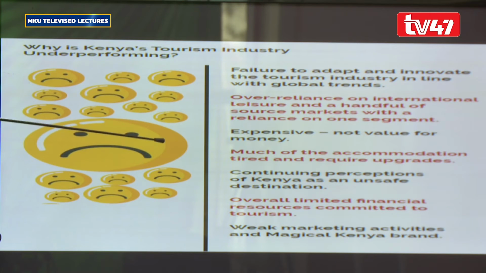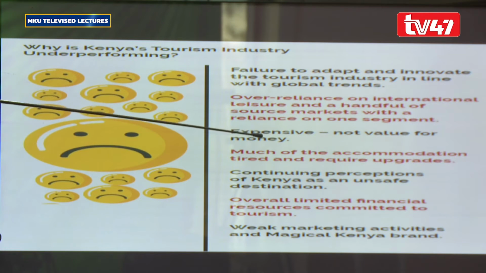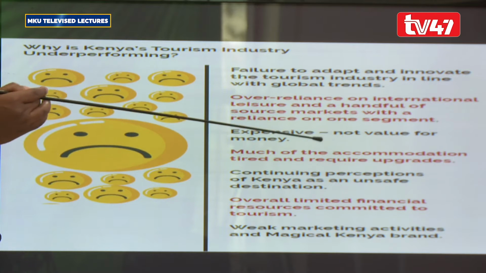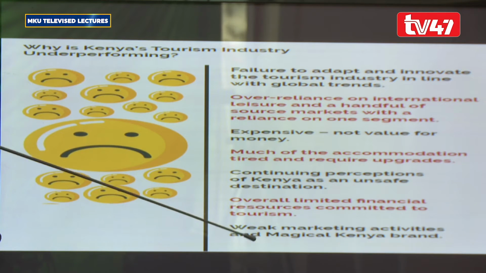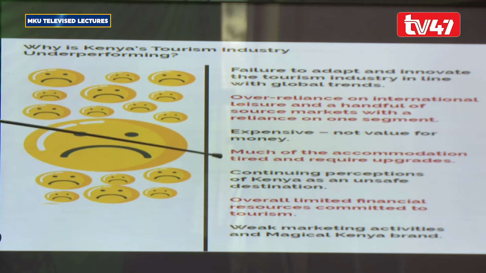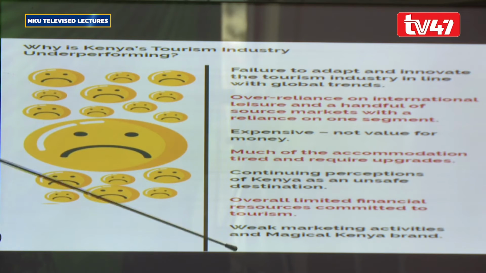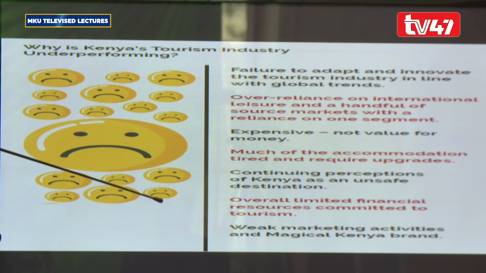Then we also have another reason why the industry is underperforming. It is quite expensive, and there is no value for money. In other words, if I pick an international tourist from JKIA and take them to Nairobi National Park, and maybe they are not able to trace any of the big five, they feel they have not gotten the experience that they were looking for.